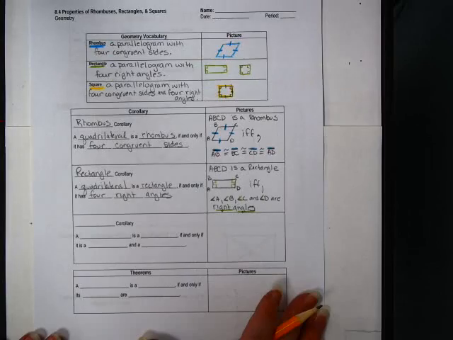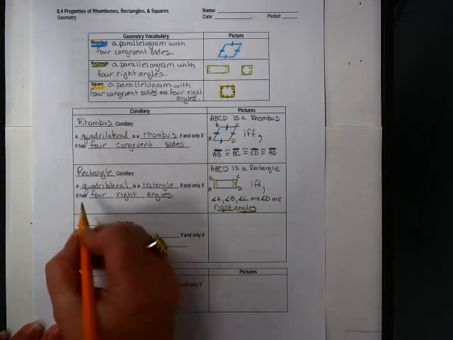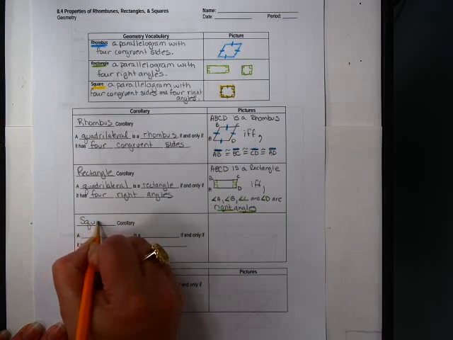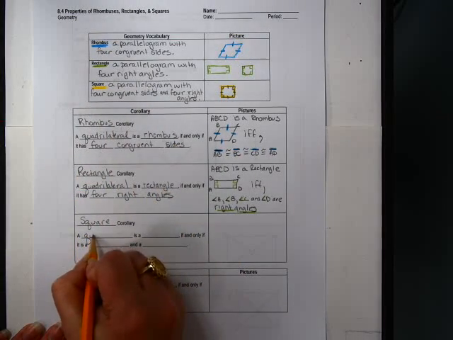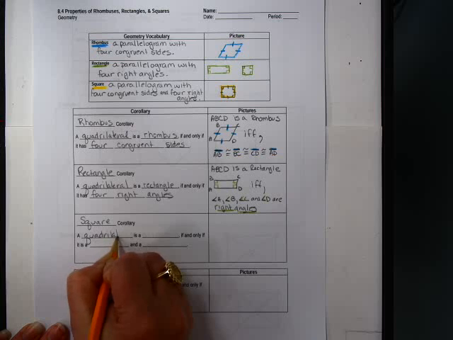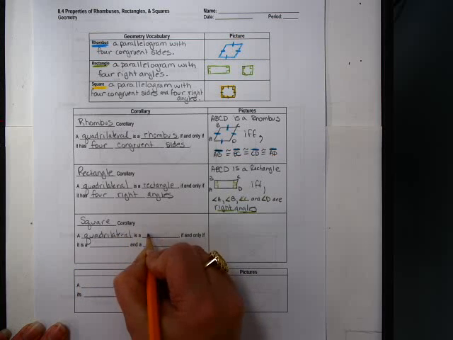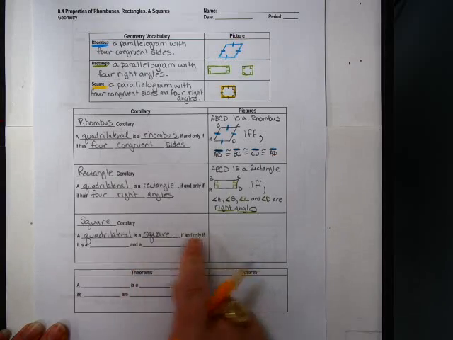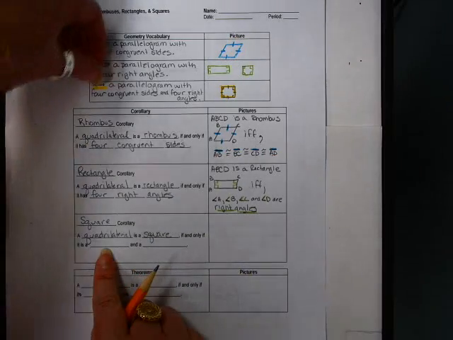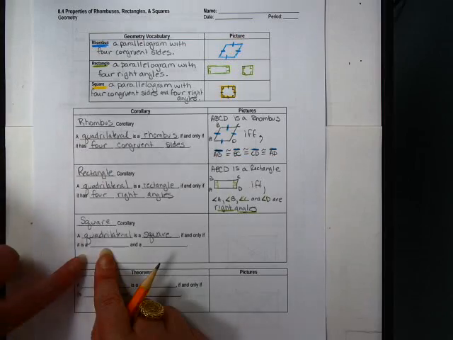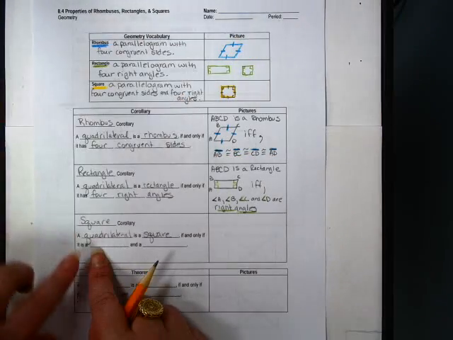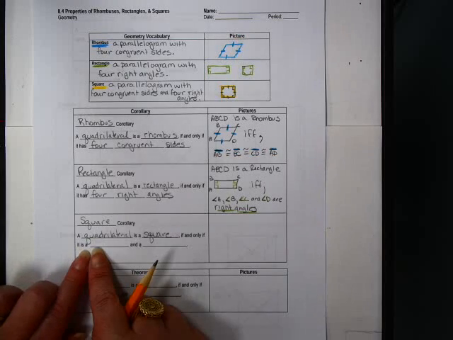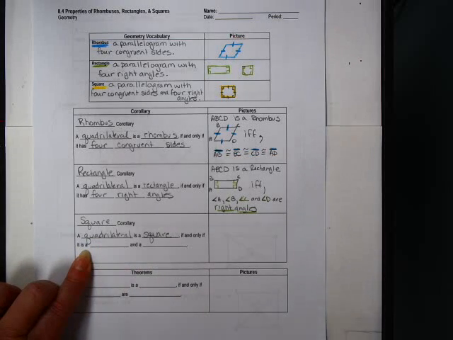All right, the last corollary today is the square corollary. And of course it's going to start off the same. A quadrilateral is a square if and only if it is a, okay, so this one says it has four congruent sides and four right angles, but it's saying if it is a, so it's asking for it to be something.